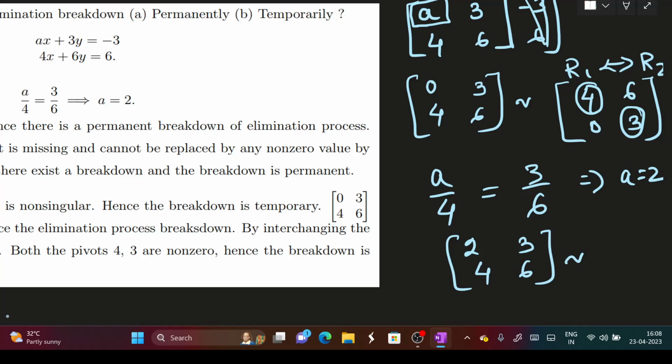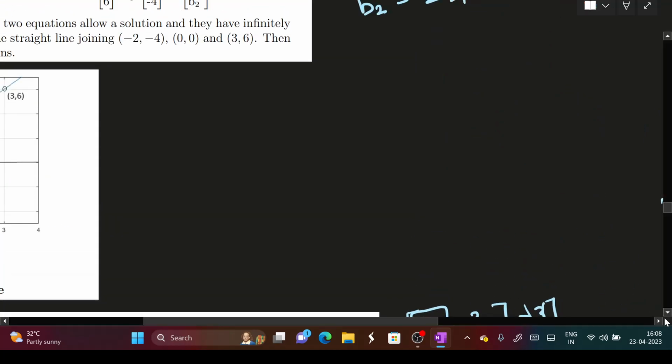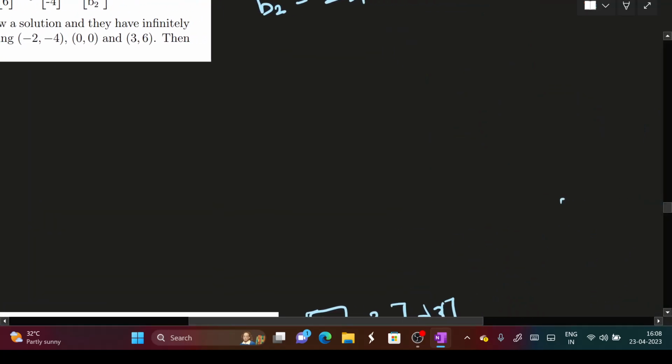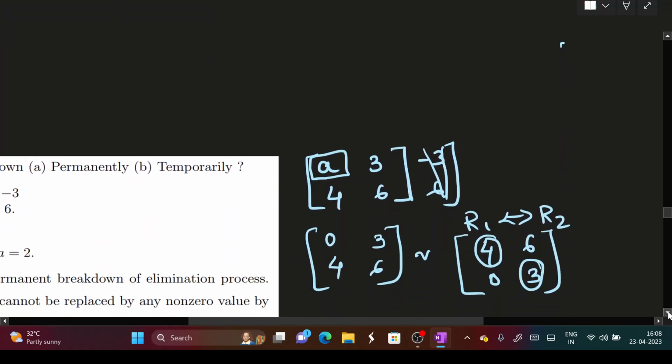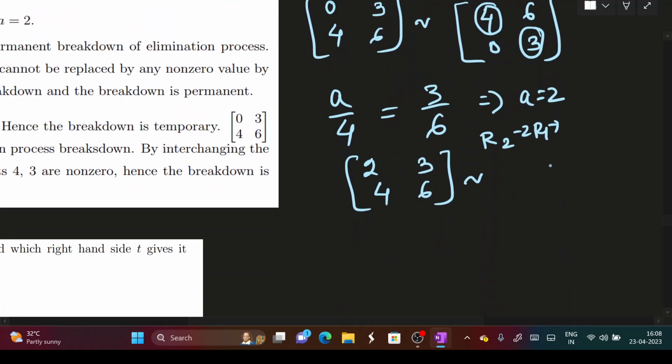After the row operation R2 minus 2 R1 stored in R2, it gives me 2, 3, 0, 0. Now here my second pivot is missing, but the missing pivot cannot be replaced by a non-zero pivot. Hence the breakdown is permanent.